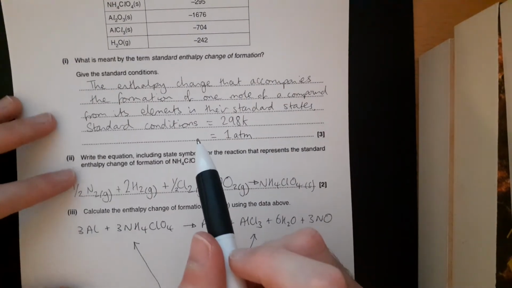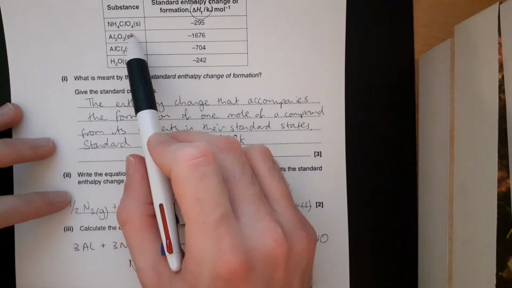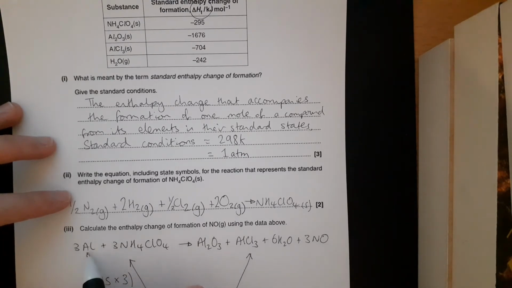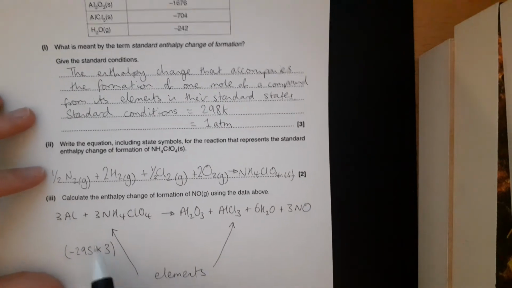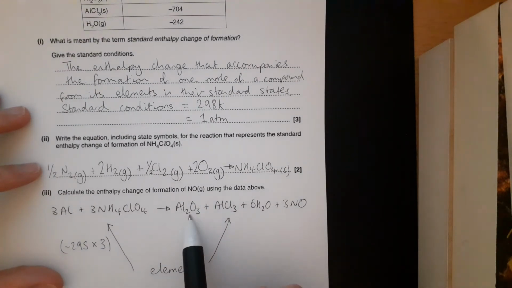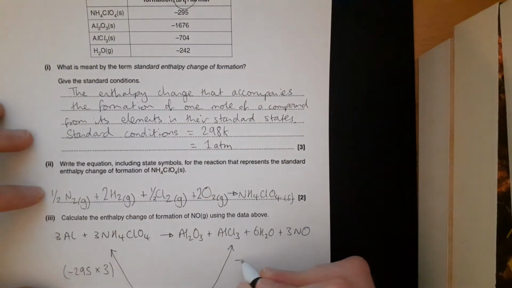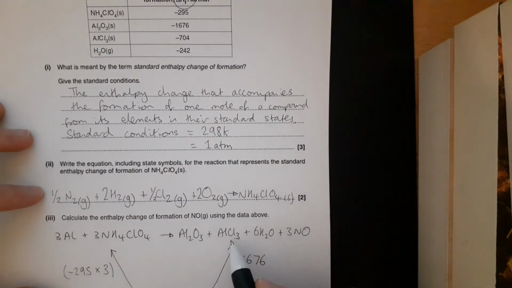So what have we got? The ammonium chlorate is minus 295, so that's here. So we've got minus 295 times 3. There's going to be no value for the aluminium because that's an element anyway. Then we've got the aluminium oxide, which is minus 1676. We've got aluminium chloride, which is minus 704.